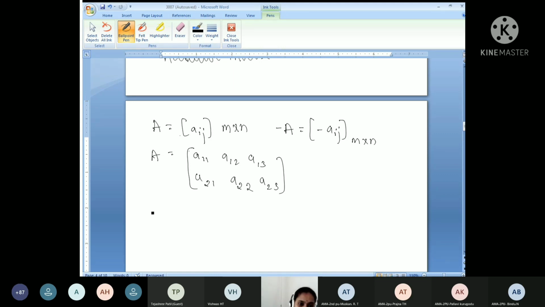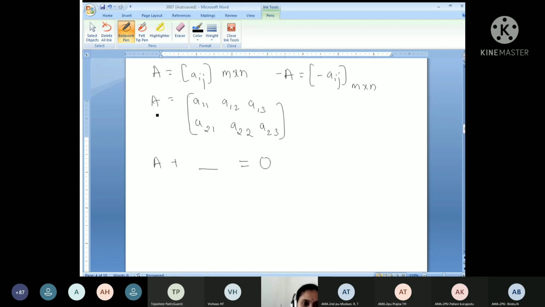For A, you need to add something such that your answer must be the zero matrix. Tell me, to get the zero matrix, what definitely must you add? Yes, definitely you have to add minus A. So what is minus A? Minus A is equal to minus A11, minus A12, minus A13, minus A21, minus A22, minus A23.